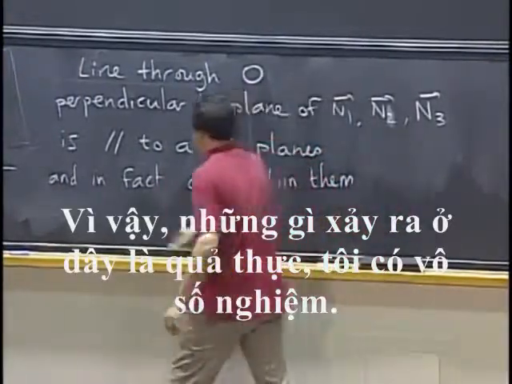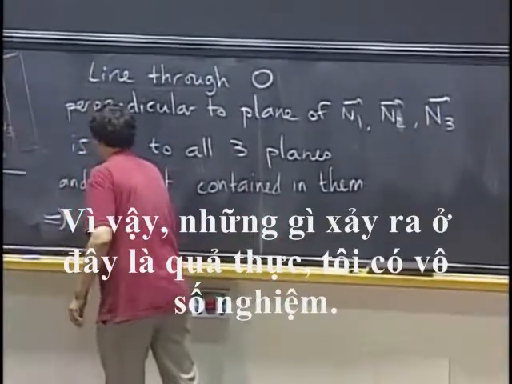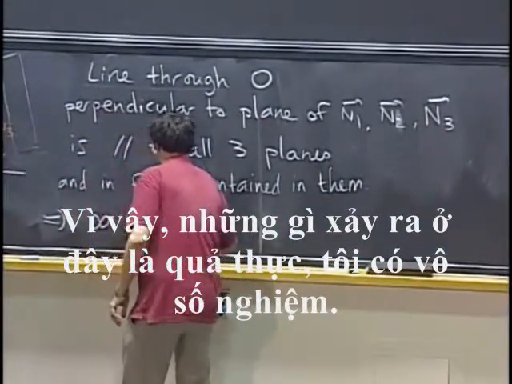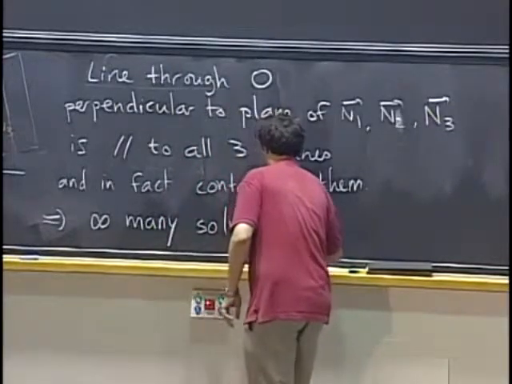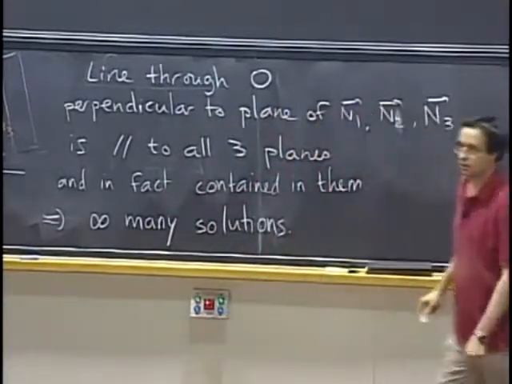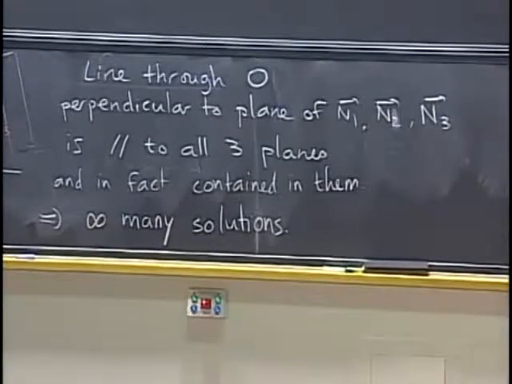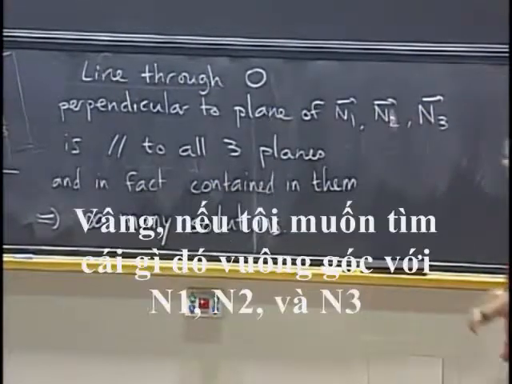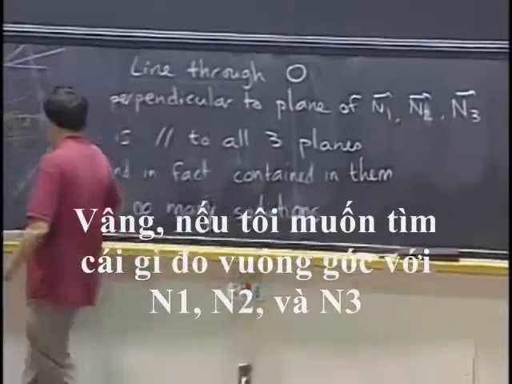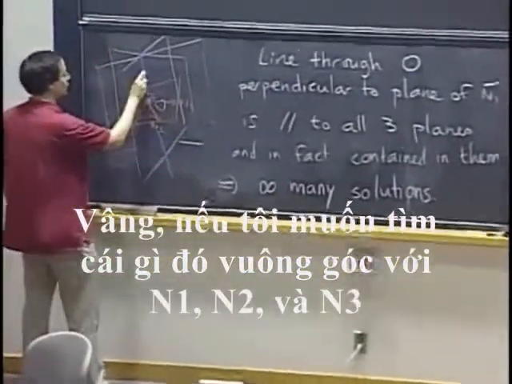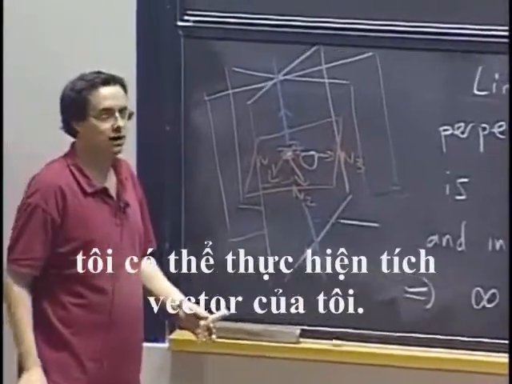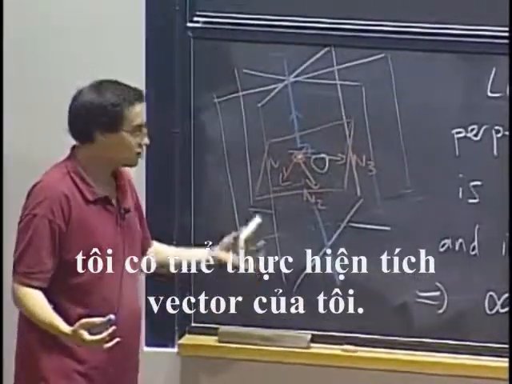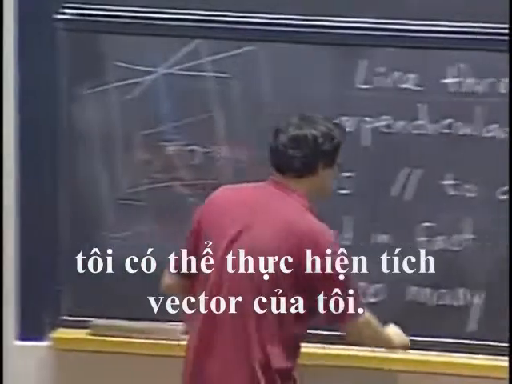So what happens here is I have, in fact, infinitely many solutions. And how do I find these solutions? Well, if I want to find something that's perpendicular to n1, n2, and n3, if I just want to be perpendicular to n1 and n2, I can take their cross product, exactly.